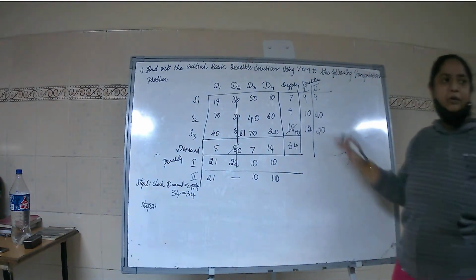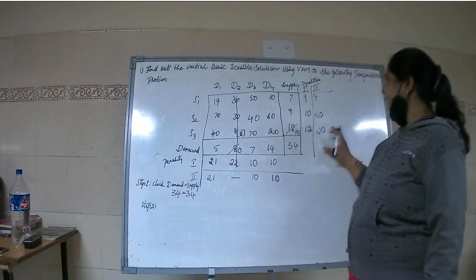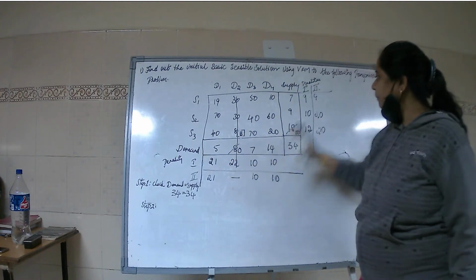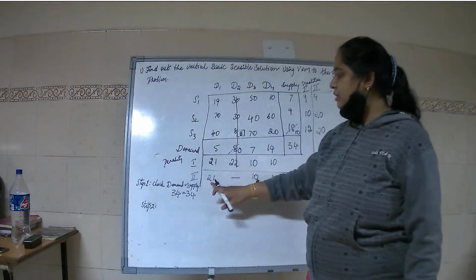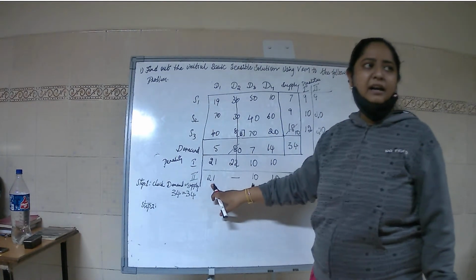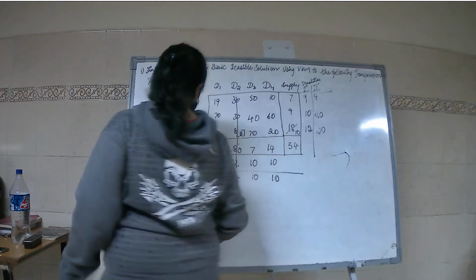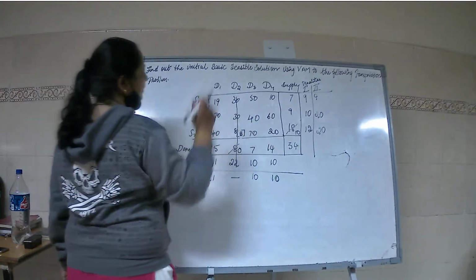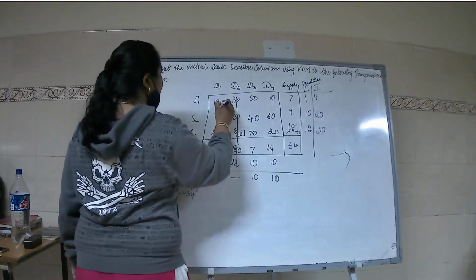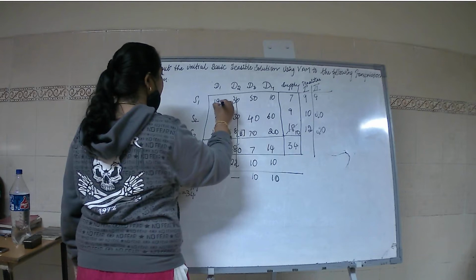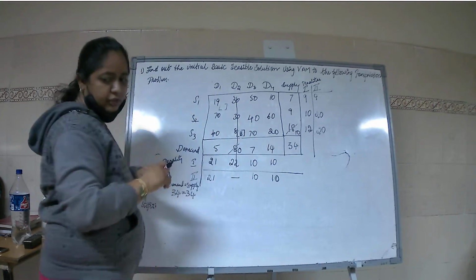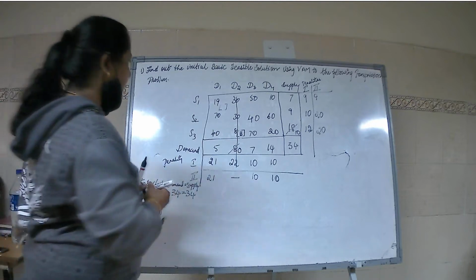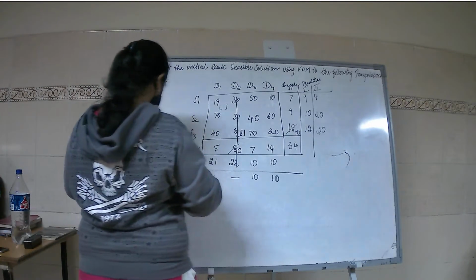Yes, students, I hope you are clear up to the penalties. Now, of these penalties, row and column, which is the highest? 21 is the highest. Now you need to check in this column which is the minimum value. 19 is the minimum value, so I put the allocation for 19.